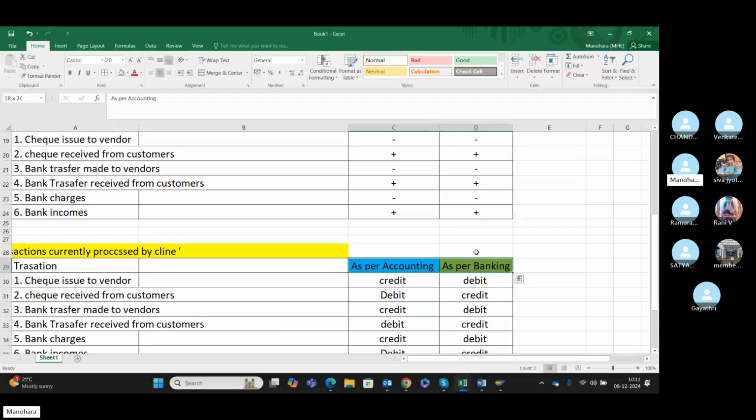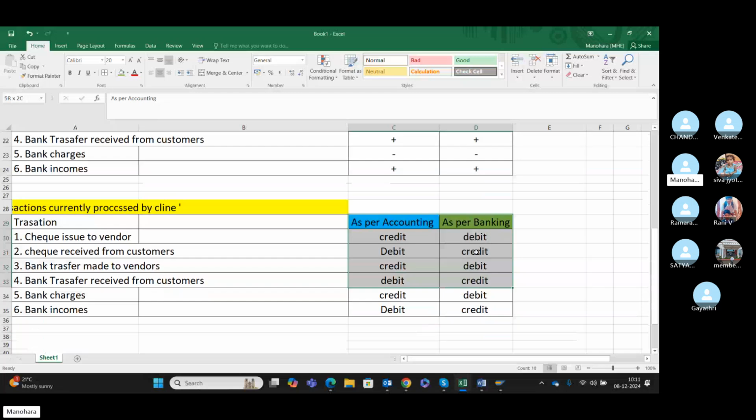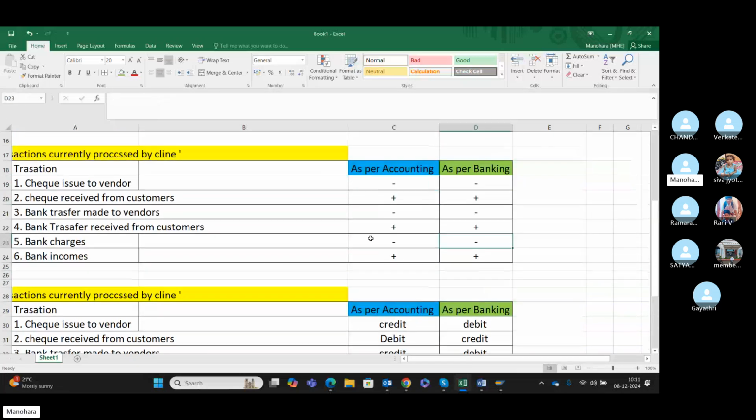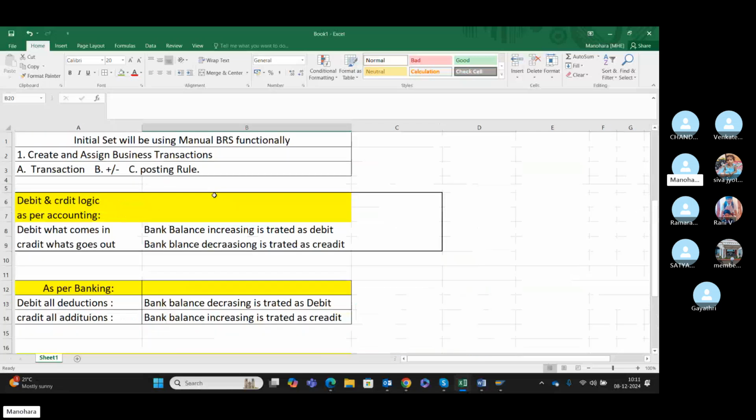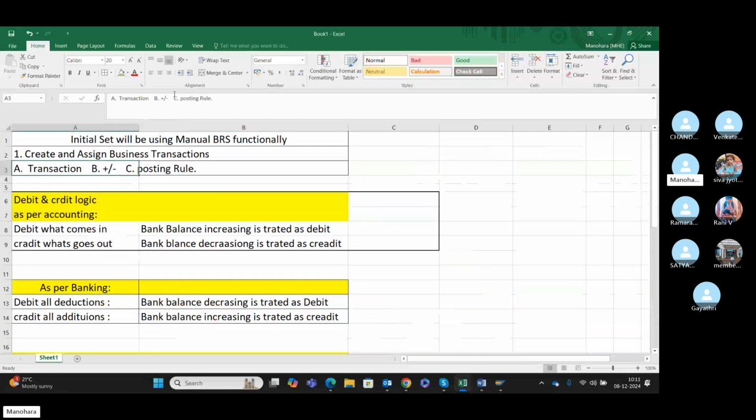That is the reason we always do configurations in SAP with minus and plus symbols.